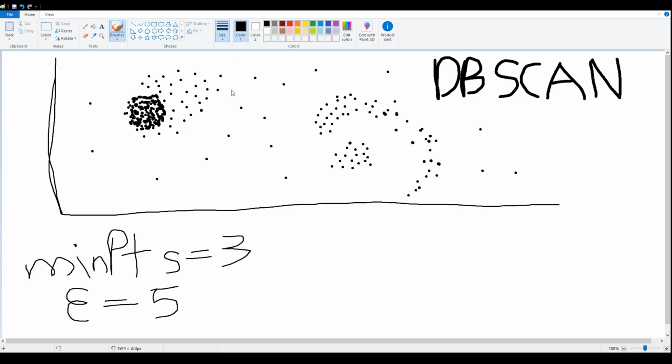A great example of where this is better than k-means is in a sample where you have a little crescent like that, and then another crescent like that. Now I'm just going to draw what these clusters look like instead of putting points in.